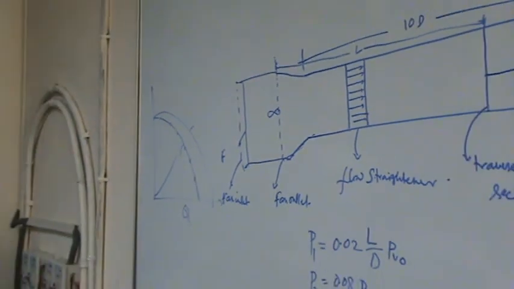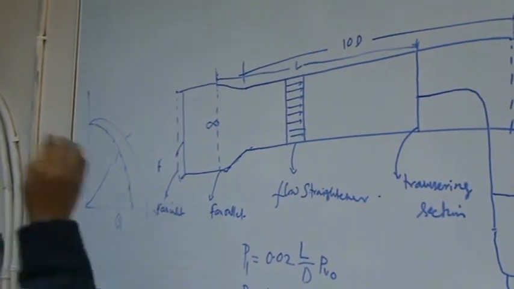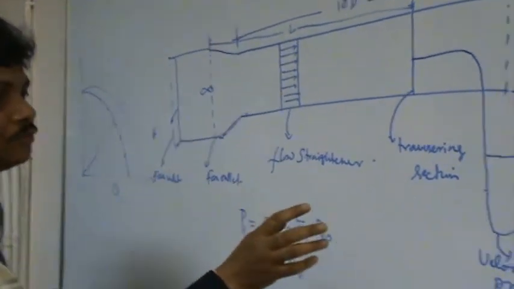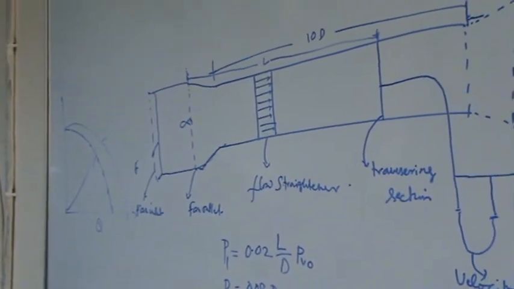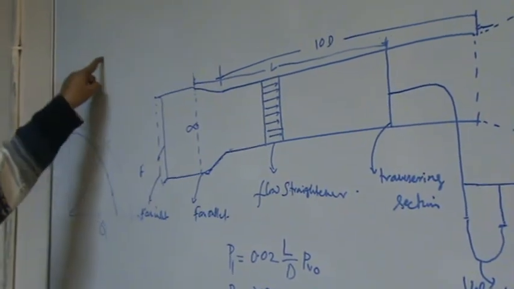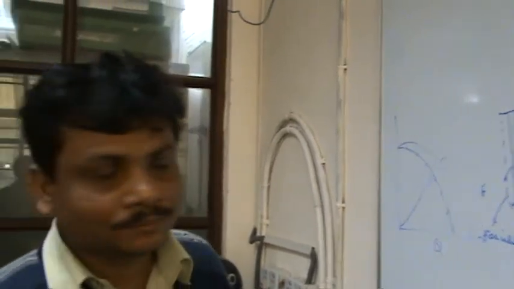For measurement of efficiency, fan air power is nothing but P into Q, and we can use a wattmeter to measure the input power to the motor.